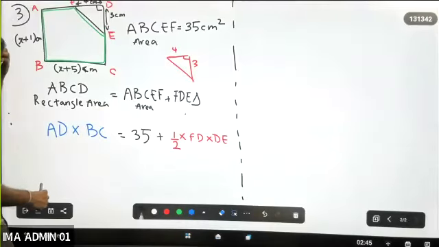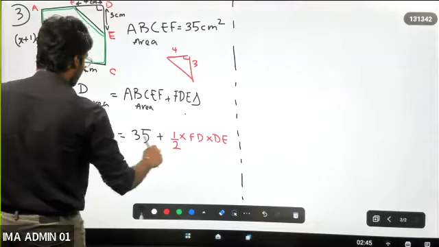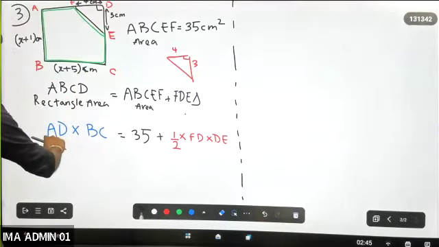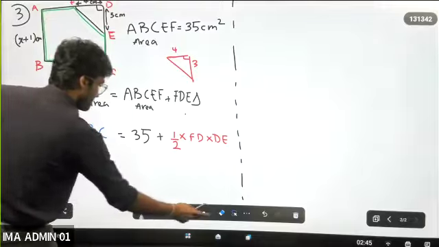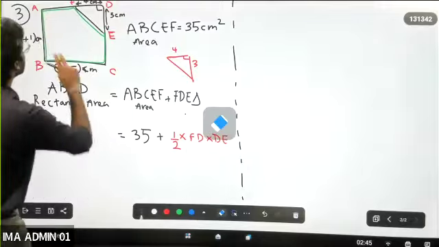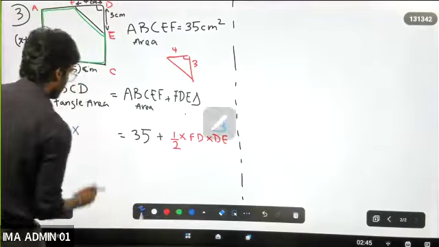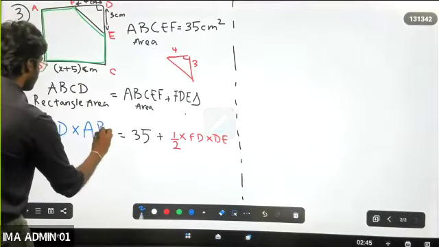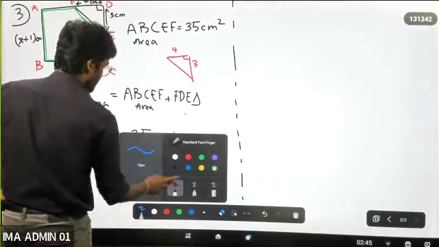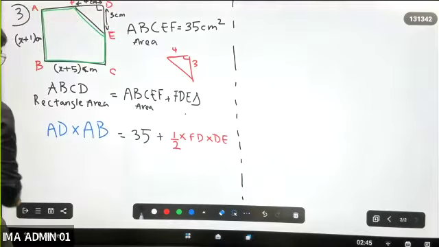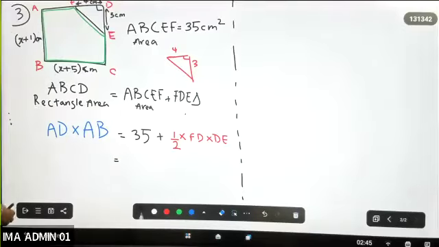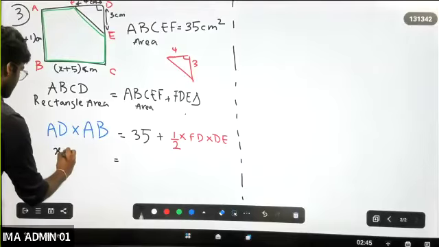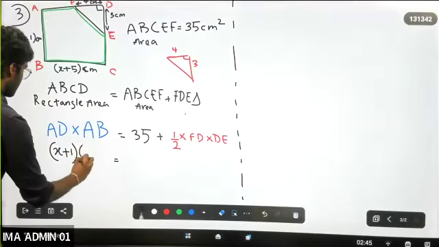So ABCDF is already given 35 and ABCD rectangle area is found out as AD multiplied by AB. Add 35 plus the triangle area. So we know AD and AB are x plus 1, x plus 5.